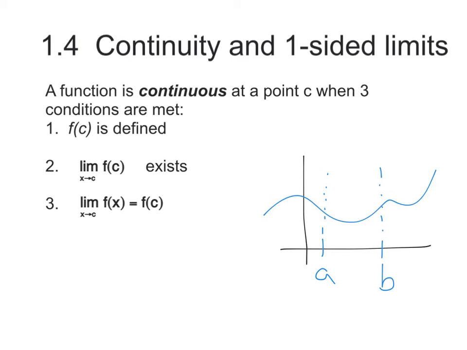Now, sometimes when a function is not defined, it might look something like this. Say I have a function that comes along here, and at some point it has a hole in it. It's not a very good hole, but at this point, this function is not continuous. Why is it not continuous?